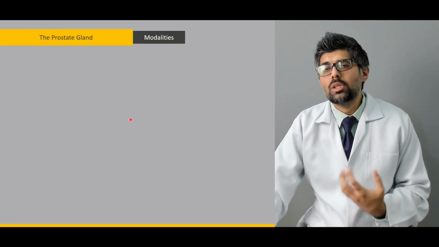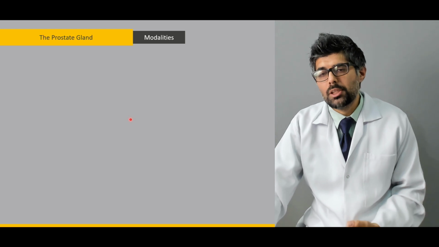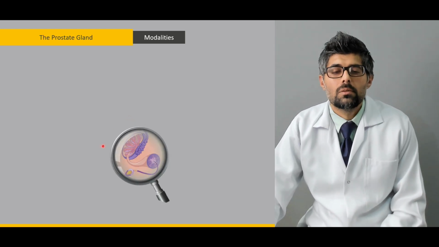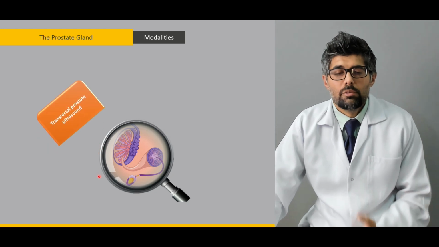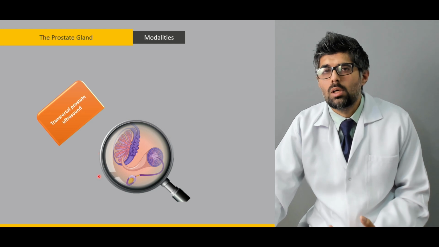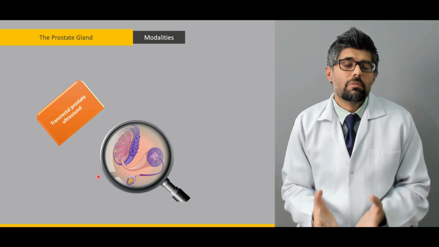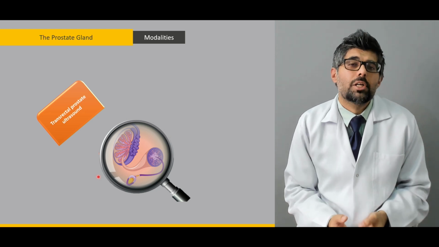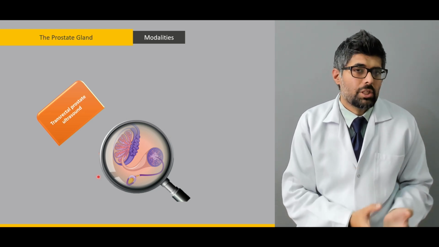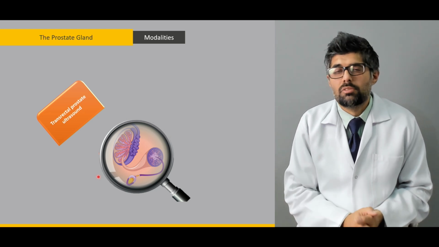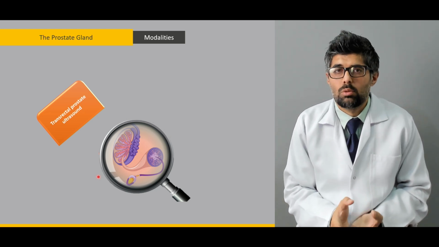Now, in order to examine or image the prostate gland, the first modality that we use is the transrectal prostate ultrasound. If there's a suspicion of either BPH or prostatic carcinoma on the physical exam, it can be confirmed through transrectal prostate ultrasound.